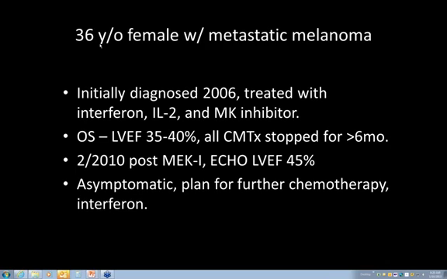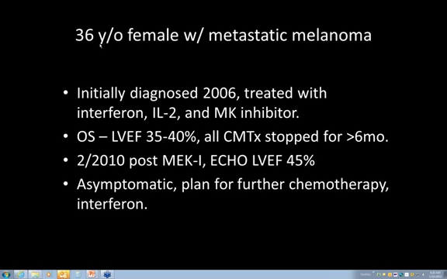At that time, in '06, they actually stopped her chemotherapy because of the change in ejection fraction. They were concerned and scared that she was going to end up having irreversible heart failure. And this lady actually was deprived of further therapy.